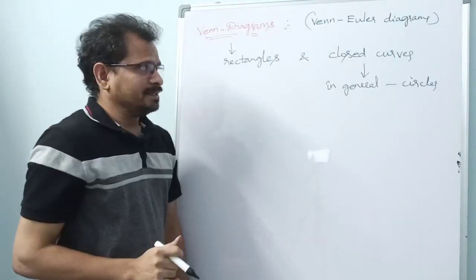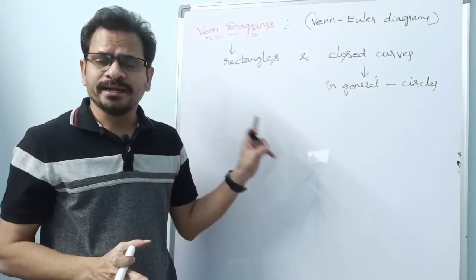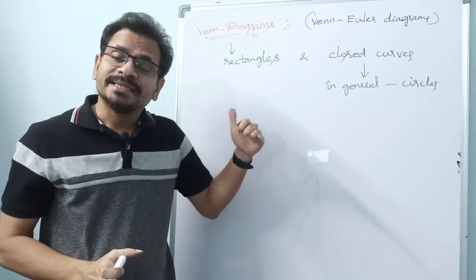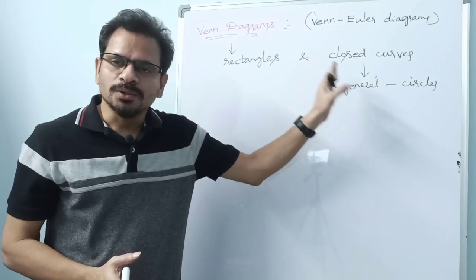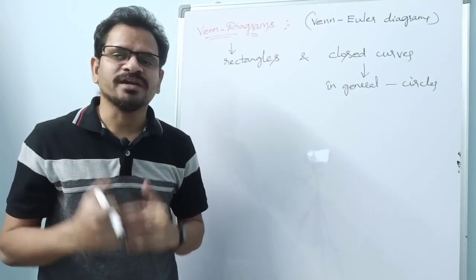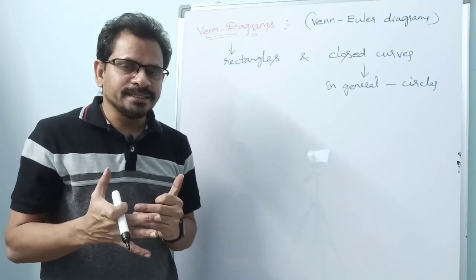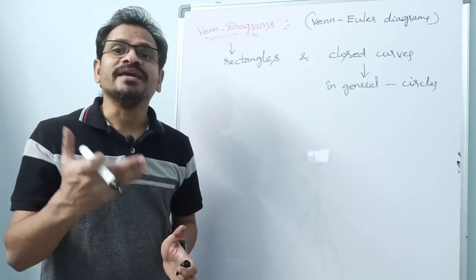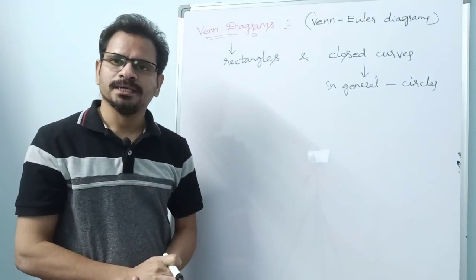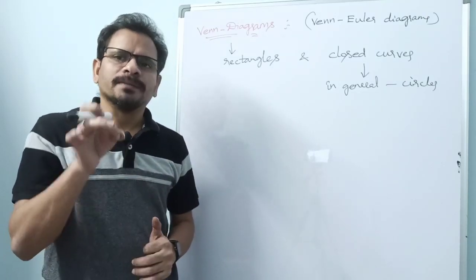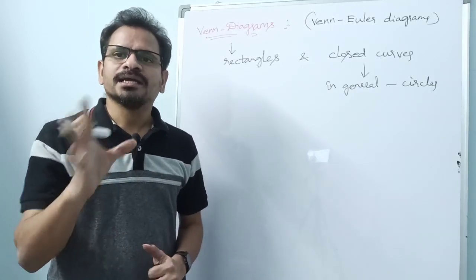Here in Venn diagrams, the universal set is represented by a rectangle, while other sets are represented by circles or any closed curves. What is the purpose of a Venn diagram? The purpose of a Venn diagram is to represent the relation between various sets in diagram form.